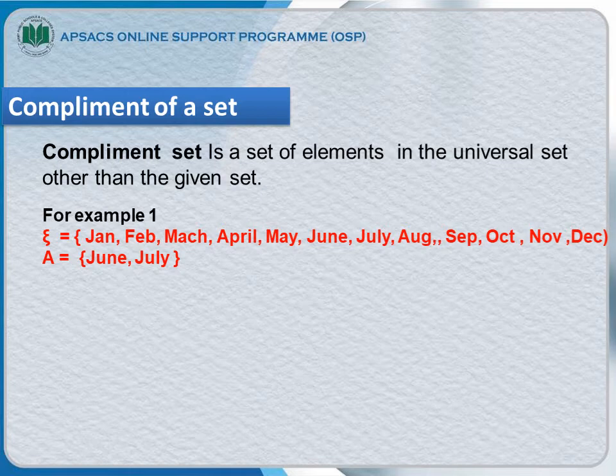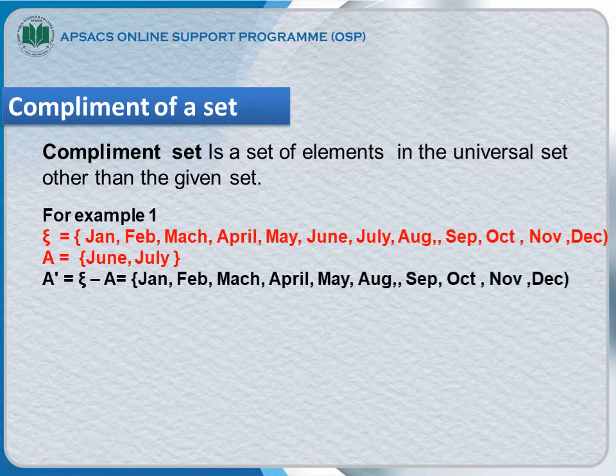Now, what is the complement of A? We write the complement of A as A dash or A prime. We can also write universal set minus A. So, how to find the complement of A?